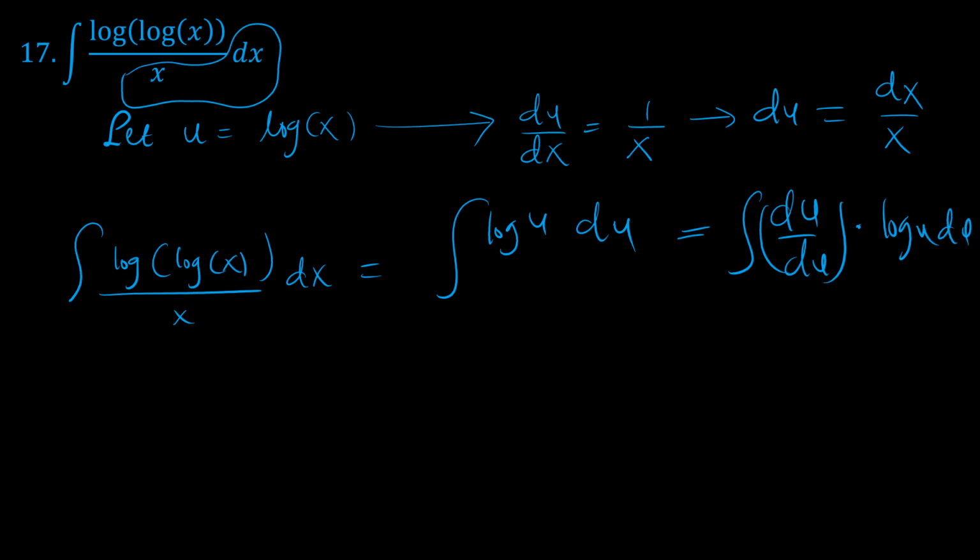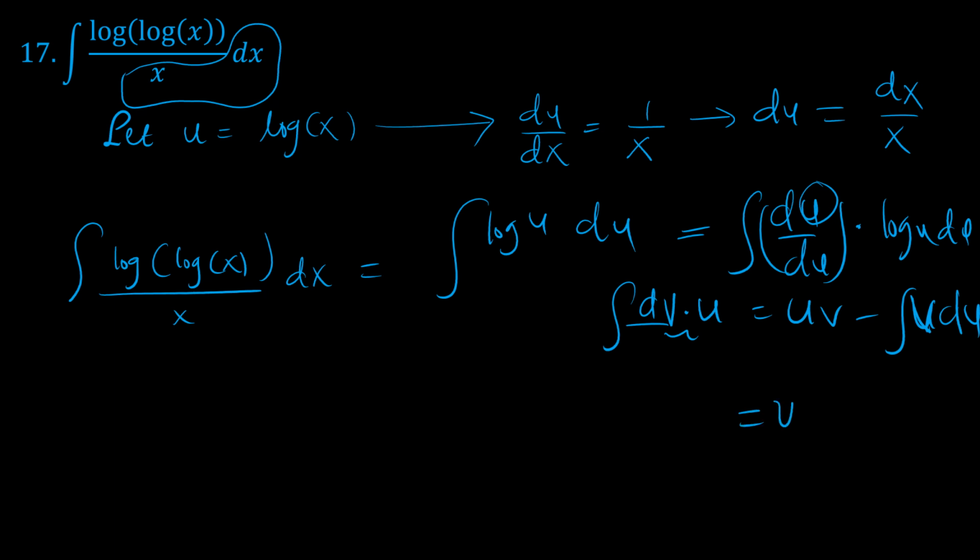And so using integration by parts, where if you have the integral of u dv, this equals uv minus the integral of v du, sorry.